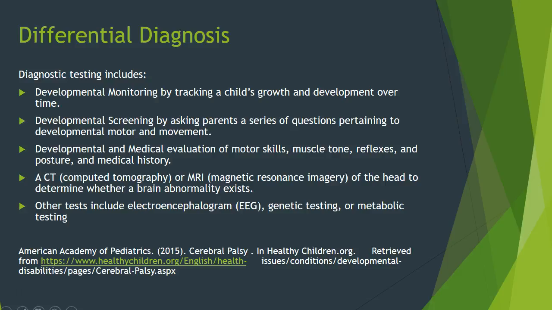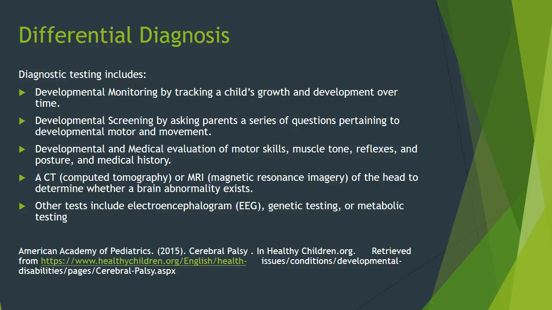There isn't one particular test to make a definite diagnosis of CP, but there is developmental monitoring, tracking your child's growth and development over time, screening by asking parents a series of questions pertaining to developmental motor movement, and medical and developmental evaluation of motor skills, muscle tone, reflexes, and posture, and taking a medical history.